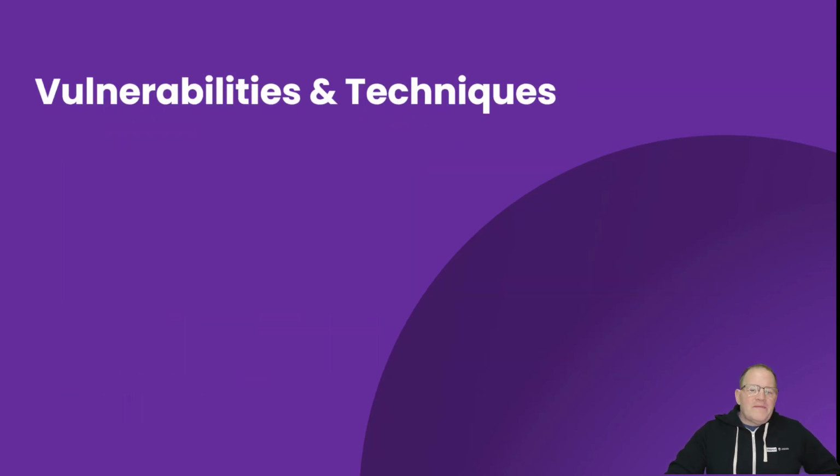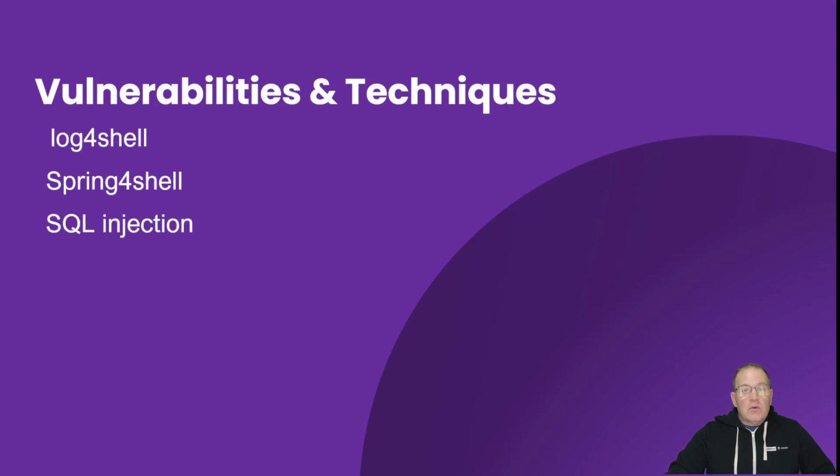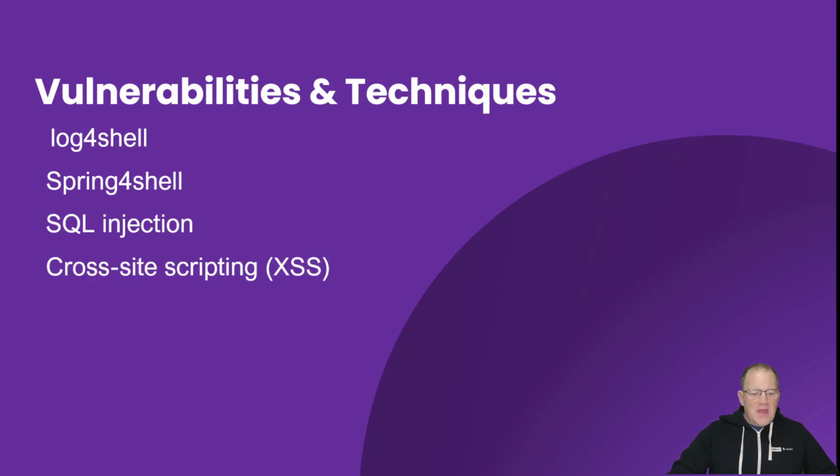All right, so what vulnerabilities are out there and what techniques are used? Just to name a few: Log4Shell, which hit last year at Christmas. Very disruptive. Spring4Shell, a similar one. Again, these allowed you to run arbitrary code. As for techniques, SQL injection, we're actually going to look at that today. We're actually going to perform a SQL injection, believe it or not. It's going to be a lot of fun.